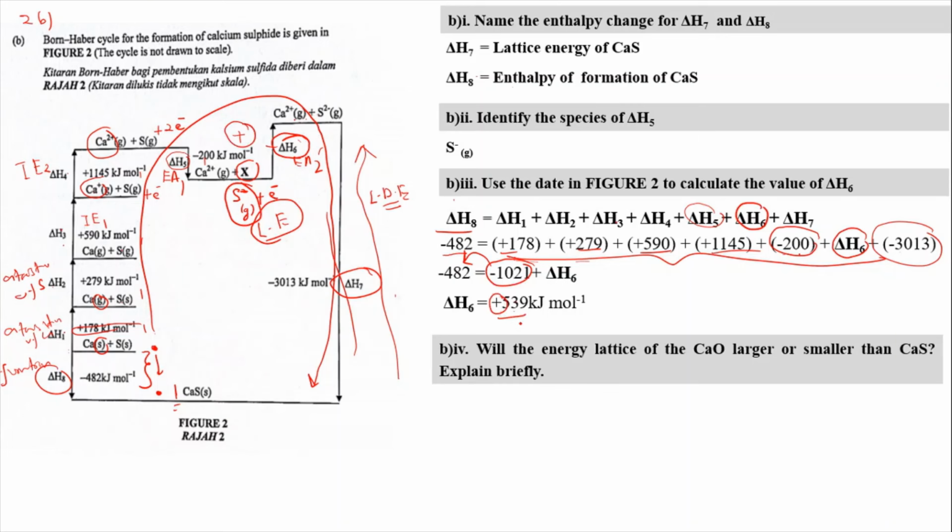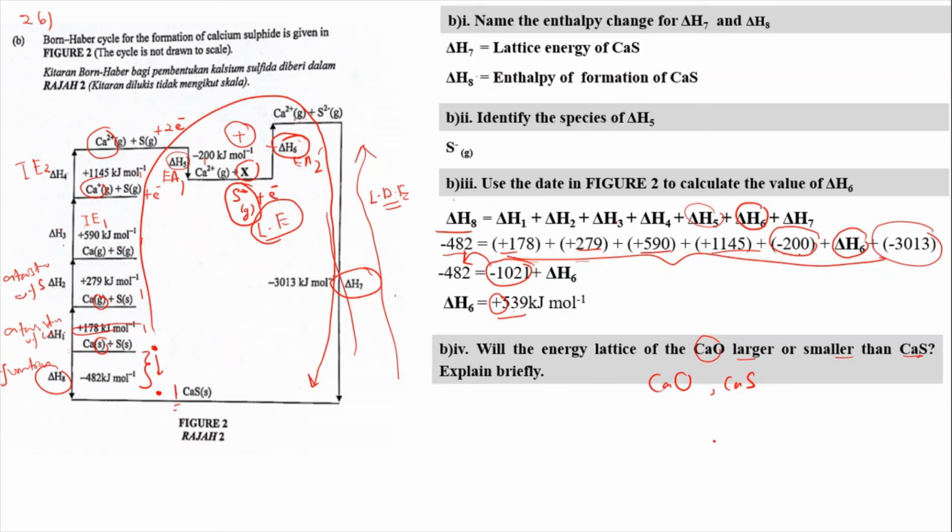So it's going to be 539 kilojoule per mole. And then for question B4, will the lattice energy for calcium oxide be larger or smaller than calcium sulfide? Explain briefly. So calcium oxide ataupun calcium sulfide, which one has the higher lattice energy?